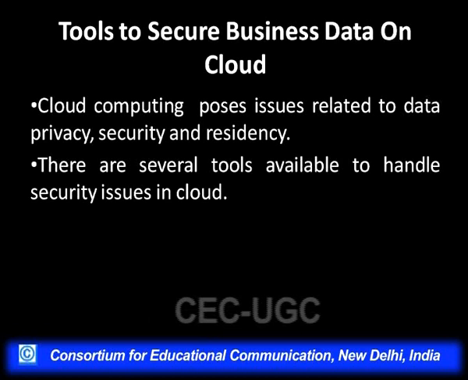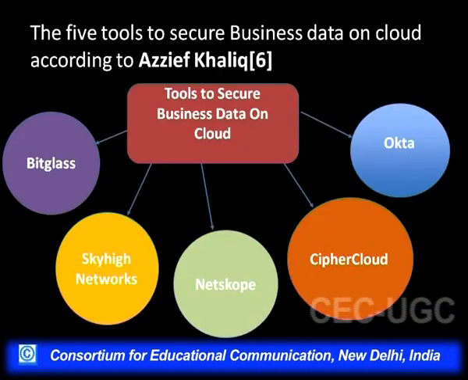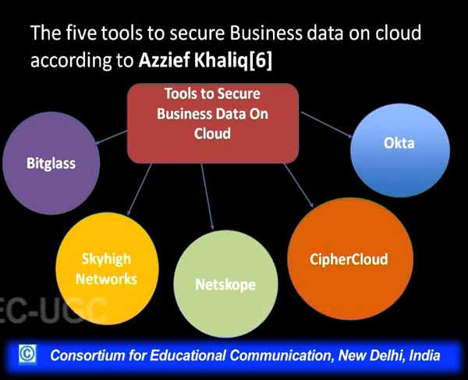So what are these tools? Let's have a look. We have Bitglass, Okta, CipherCloud, Skyhigh Networks, Netskope, etc. These tools were identified by Asif Khalik, and there are around 5 tools to secure business data.